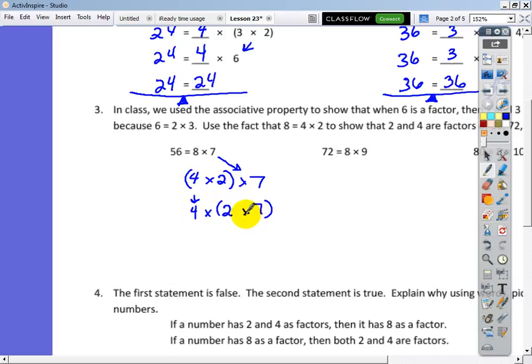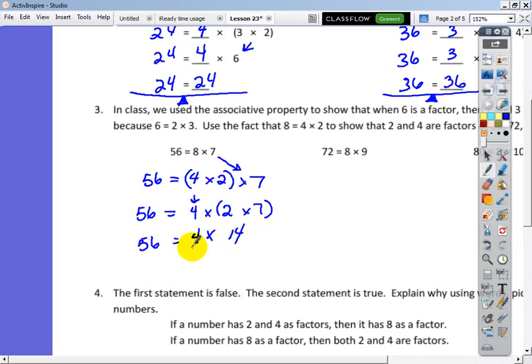Yes. Okay, so this should equal 56 on this side. It should stay balanced. Okay, 56 should still be balanced here. So 56 should still be equal to 4, we'll keep him, times the answer to 2 times 7, which is 14.